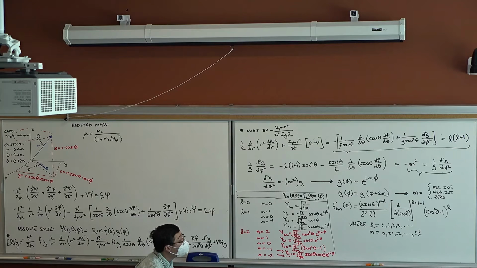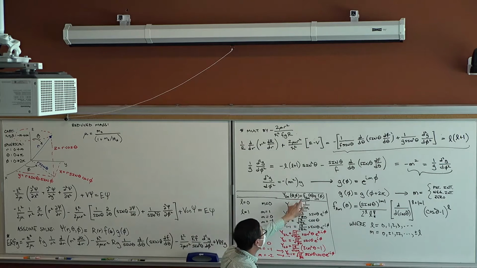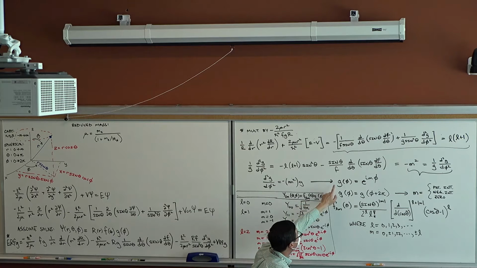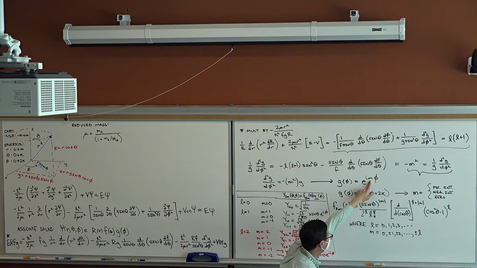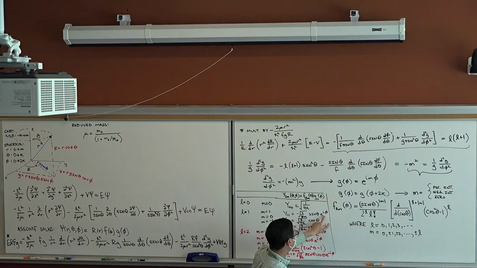So this is really just taking f times G, where G is this. And so, where your m values are, that's going to adjust what the power of e to the i phi you're getting, right?